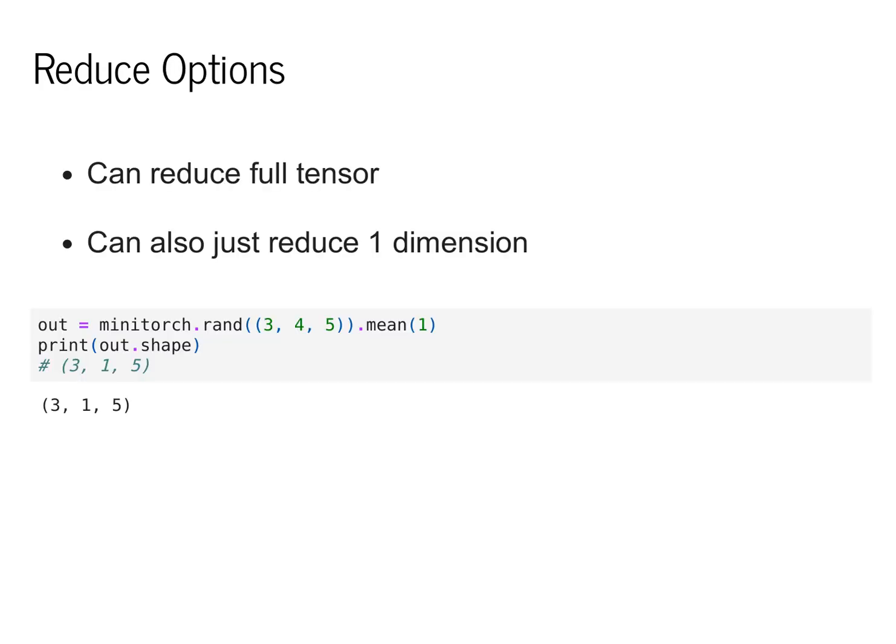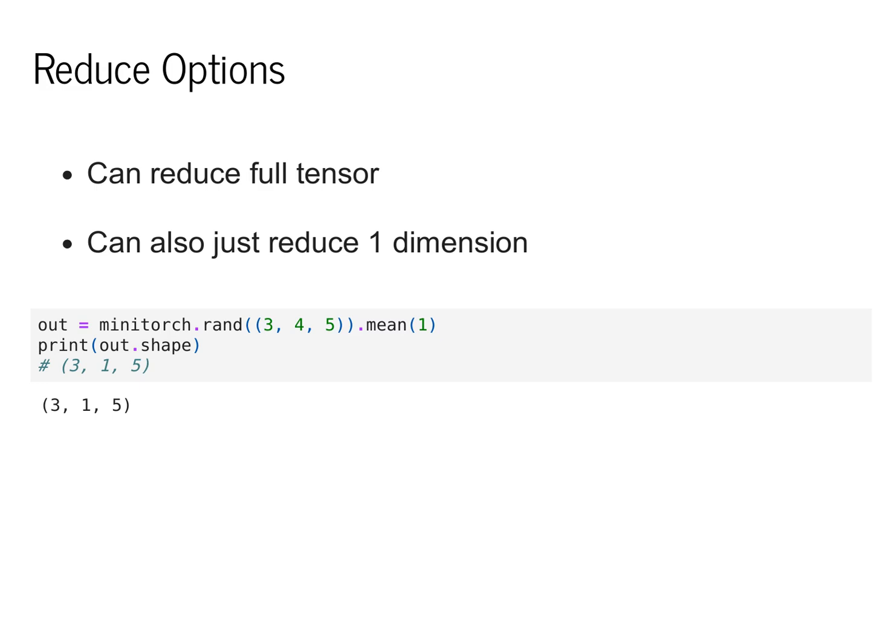In general, we will either reduce the full tensor, which consists of summing up all the elements, or just reduce one of the dimensions. So remember, whichever dimension we reduce becomes shape 1. So here's a tensor that's 3, 4, 5. We reduce dimension 1, and that gives us something back of 3, 1, 5. Each one of the final elements consists of summing together 4 of the original elements.